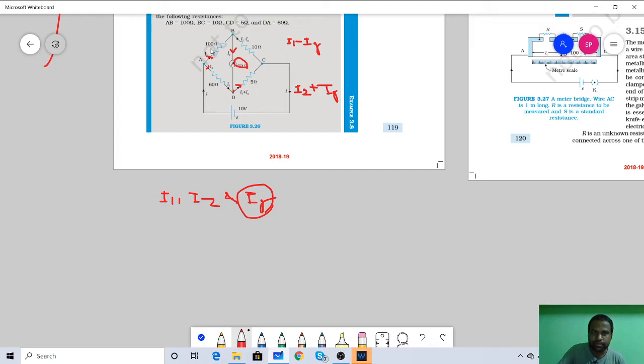One loop is this one, that we'll name ABDA. The second loop is BCDB, and the third loop we'll take is ADCEA. So from these three loops we will write three equations.